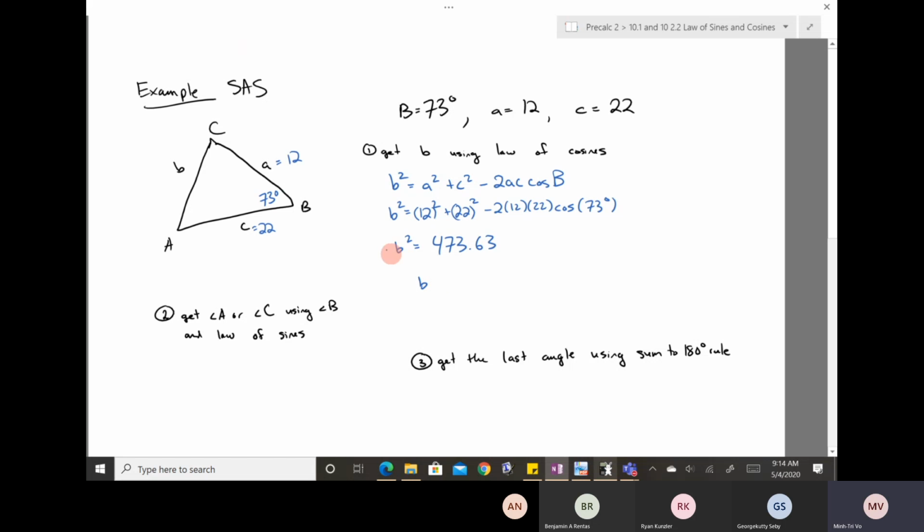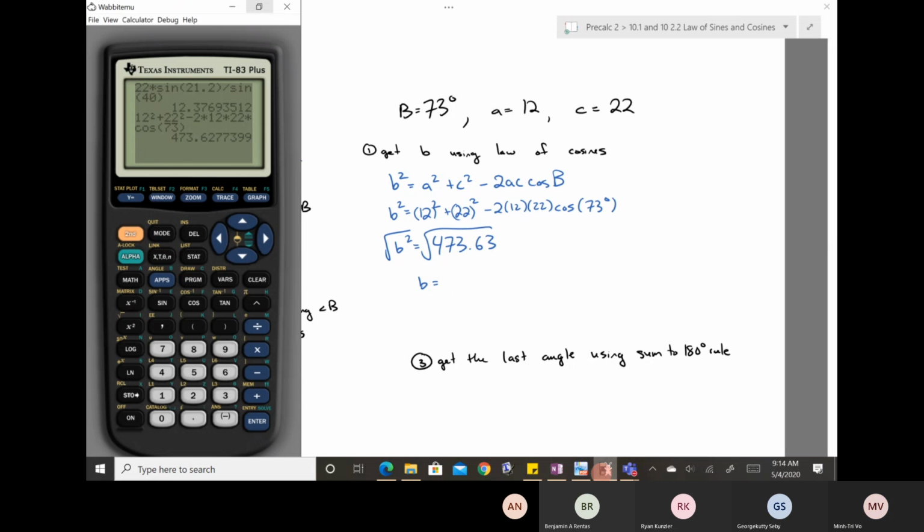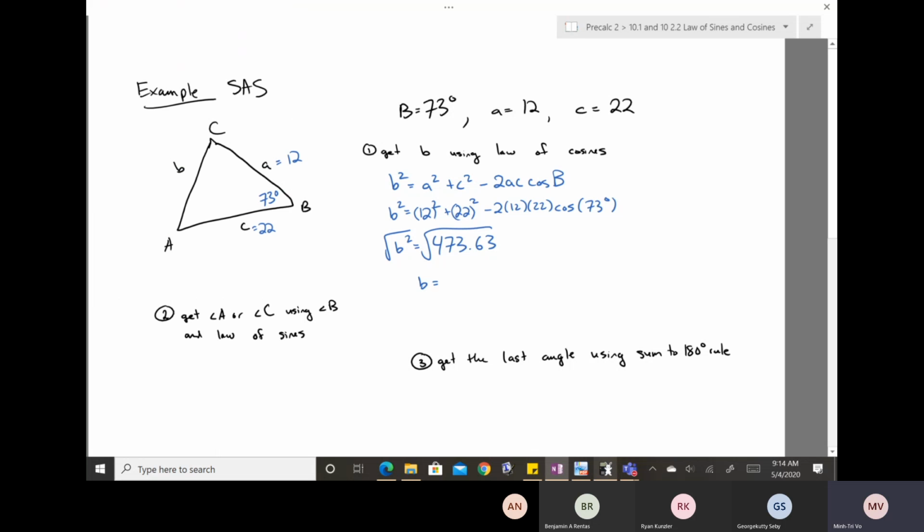So now you square root both sides to get B. But again, it's better to avoid rounding as much as possible because that introduces rounding error. Okay, so let me just use the previous calculation. I get B is about 21.8, rounded.